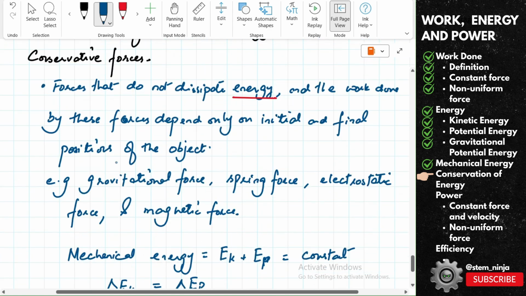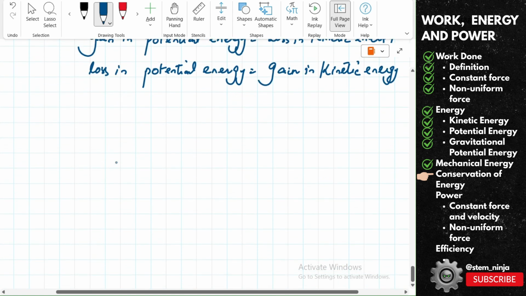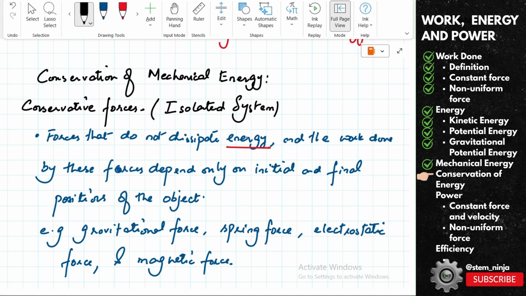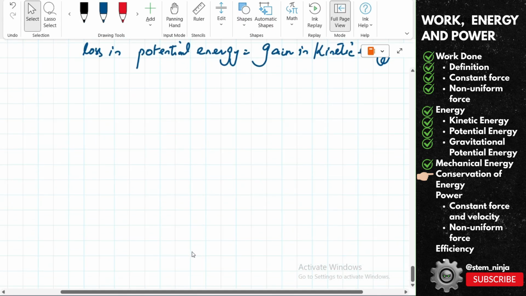Now, the other case is when there are applied forces, when the system is not isolated. So the previous case is when the system is isolated. Okay.